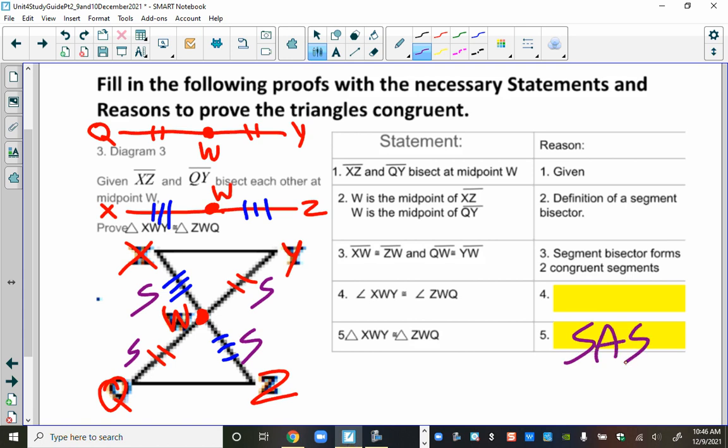But why can't we say it's an SAS yet? What do we know about this angle and that angle? Why? Bingo, that's the reason why. You can say that because you got vertical angles.